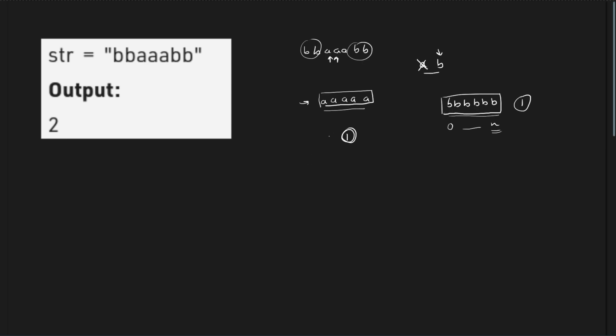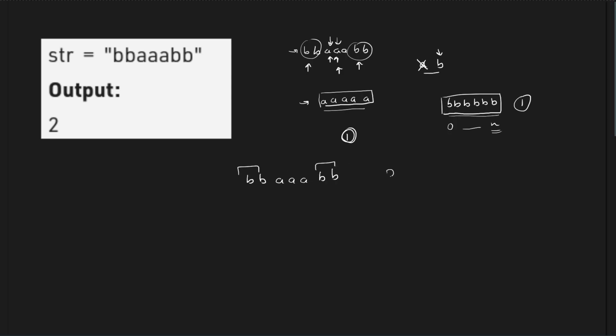So now the next question is, what is the minimum number of steps you need to remove either A or B? We will just try to remove B first, and then we'll try to remove A, check the steps required to remove B and the steps required to remove A, and take the minimum of it. For example, if my string is B, B, A, B, B, you just need to find the number of times consecutive B occurs.